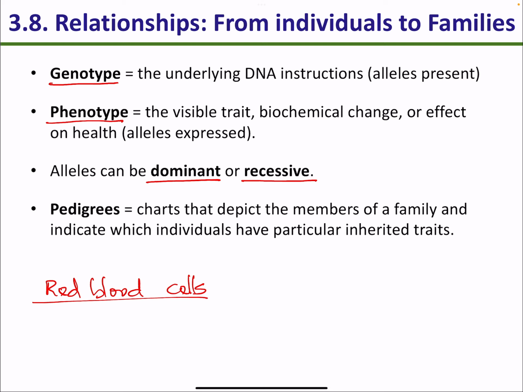So next we have the pedigree. The pedigree is a chart that shows how members in a family are related and how they inherit some genetic information from parents. Okay?